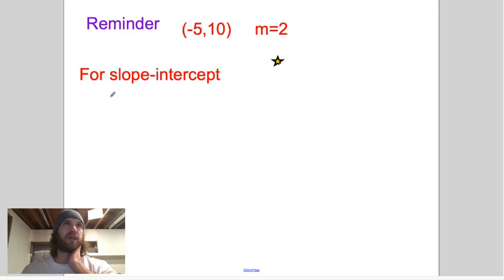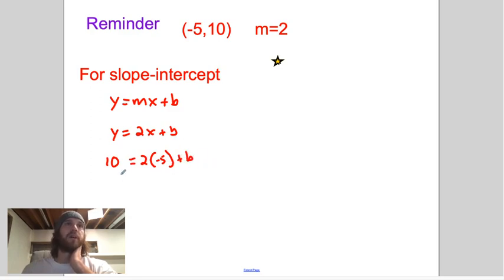For us to do that, we wrote y equals mx plus b, just like this, and then we plug in our slope with step 1, y equals 2x plus b, and then we plug in a point. That would be 10 equals 2 times -5 plus b. We're going to simplify and solve for b, which was step 3 that I gave you.